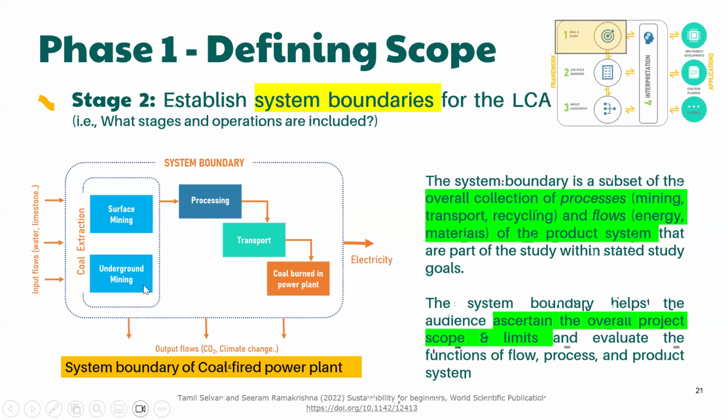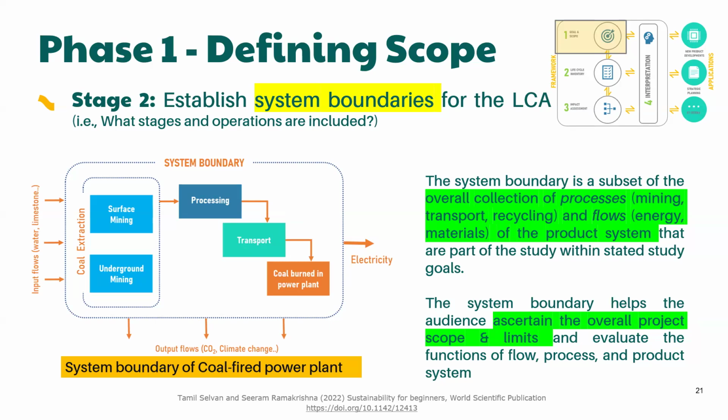Imagine you are conducting an LCA of this power plant, and the power plant relies upon coal as its primary energy source. The coal can be obtained from surface mining or underground mining, and it is transported to a processing plant and eventually ends up in a power station where it is burned and converted into electricity. And this is the boundary condition.